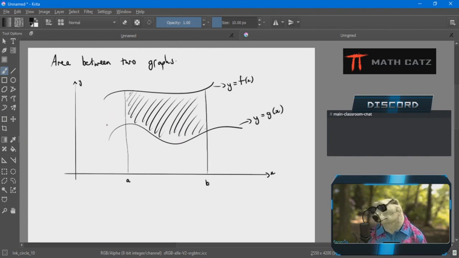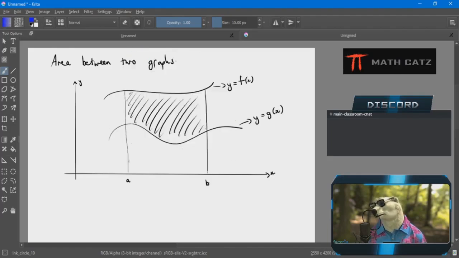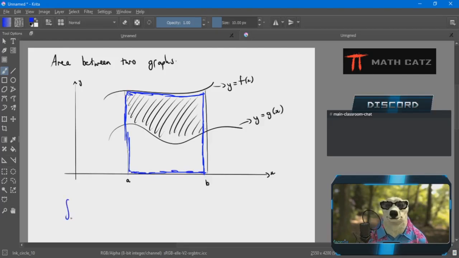Well, it's really quite simple. I simply need to look at the area between the top boundary coming from f of x and the x-axis. Let's make that blue. So that'll be this area over here. Blue area, that's going to be the integral a to b of my f function.